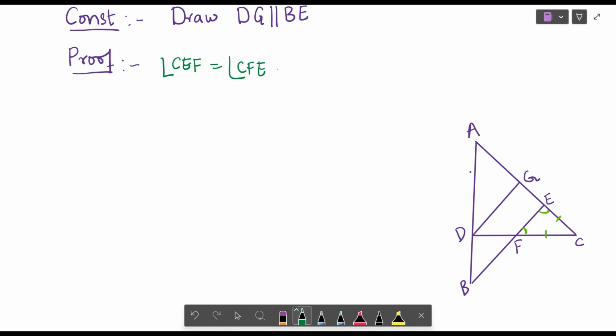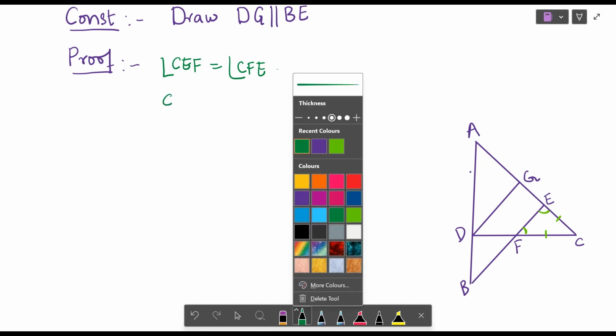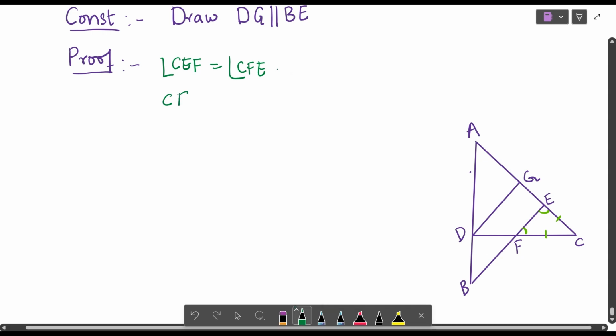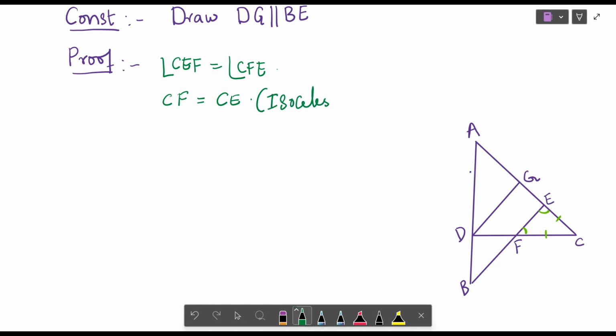If two angles of a triangle are equal, then their opposite sides also will be equal. What are its opposite sides, students? So CF is equal to CE. Understood? This is nothing but isosceles triangle property. Understood?